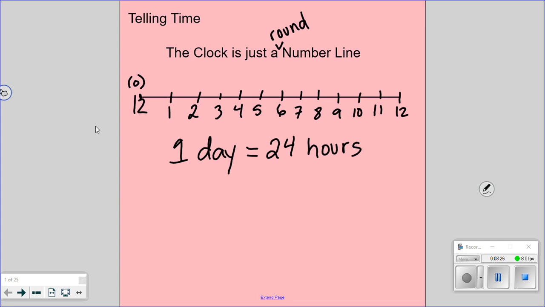How many times around my number line would I need to go to equal 1 day? So look at our clock number line. Bowen already told us these numbers represent hours. So how many loops would I need to go around my number line to be worth 1 day?